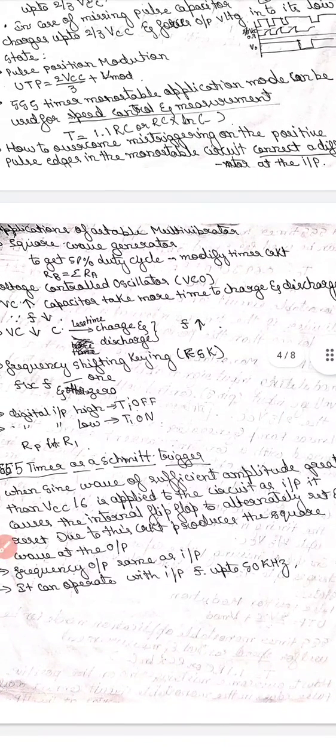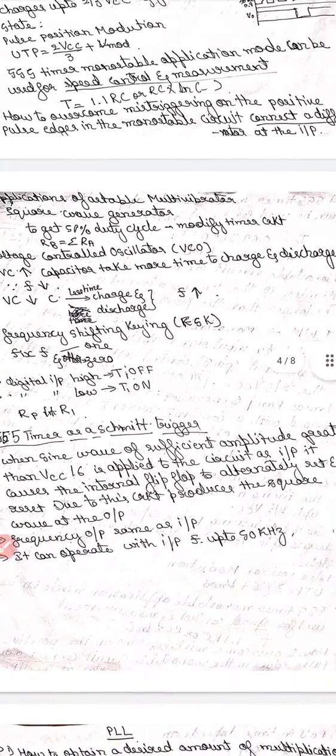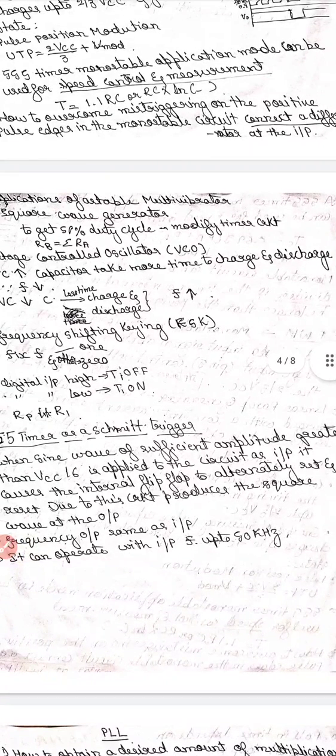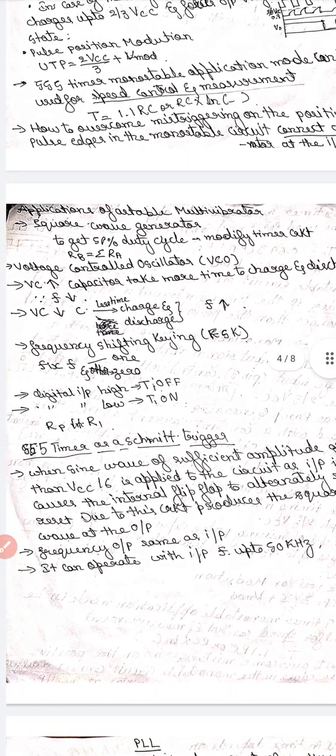This is about the timer. So if you want to use the 555 timer as a Schmitt trigger, the amplitude should be greater than V_CC divided by 6, and that will cause the internal flip-flop to alternately set and reset, producing a square wave at the output.